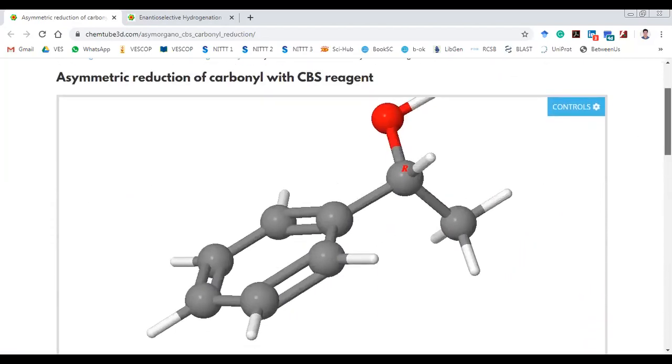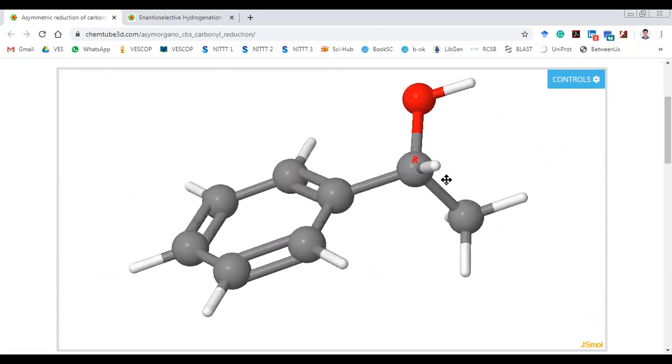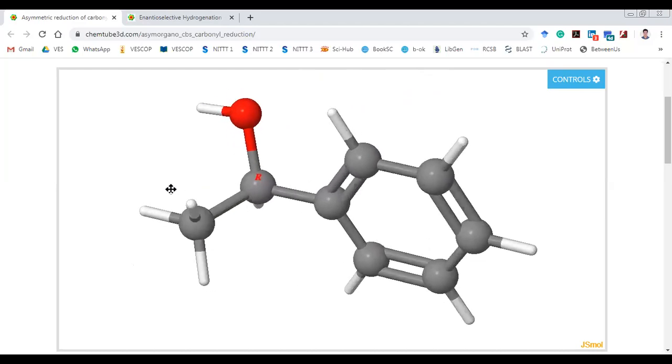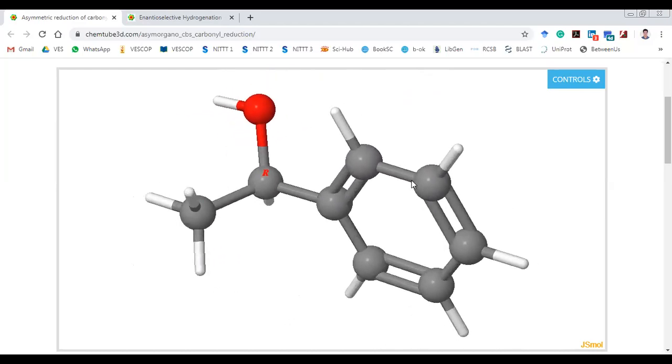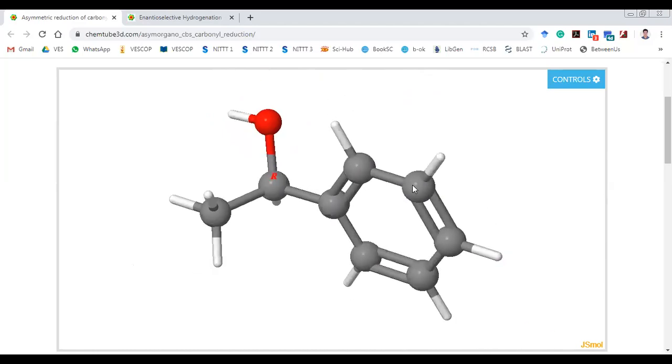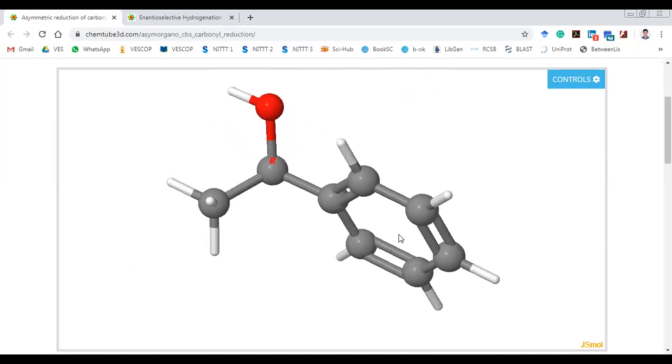Now, this is the classic case of your CIP rules here. Okay, so if I rotate this molecule, now this will be more clear. So just a recap of the CIP, that is Cahn, Ingold, and Prelog sequence rules.